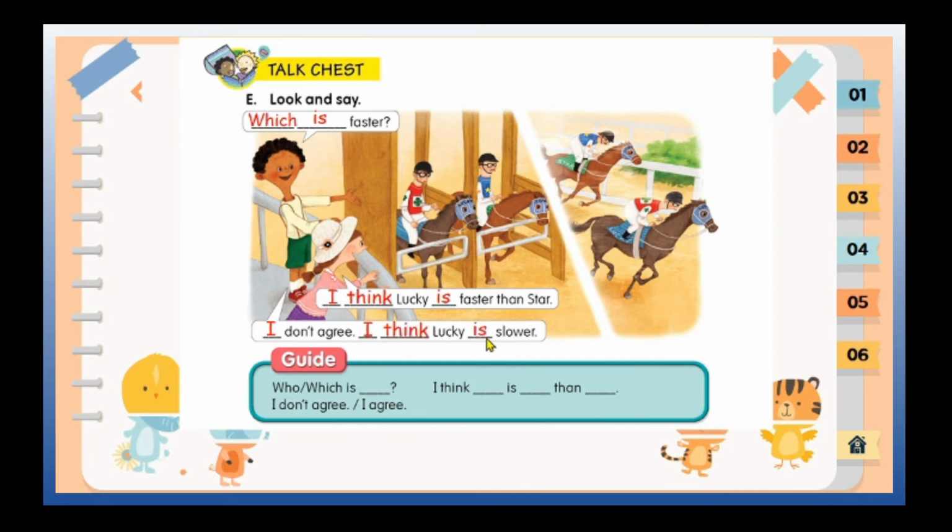I think Lucky is slower. Okay, so now let's read again. Which is faster? I think Lucky is faster than Star. I don't agree. I think Lucky is slower. Okay, so this is a sentence pattern that we are going to use for this lesson. And this is what you need to remember so you can use this in your daily conversation.